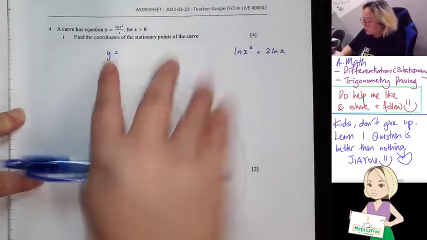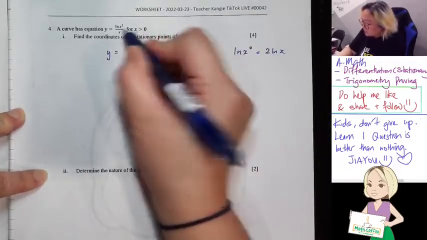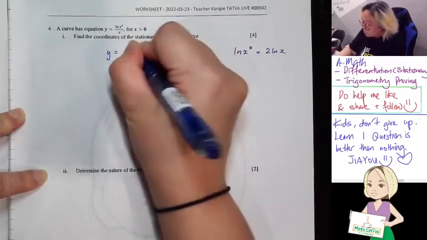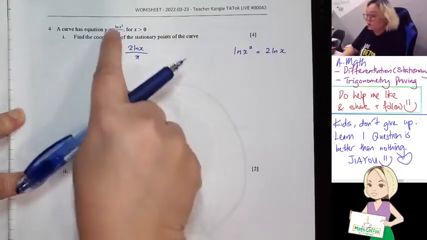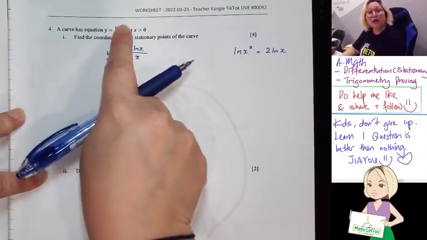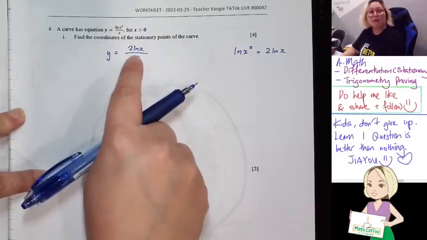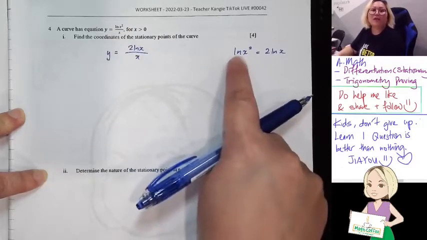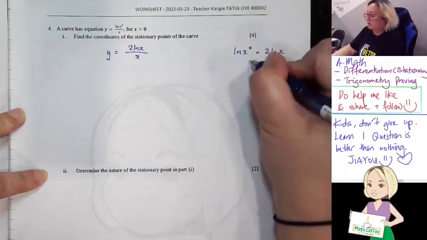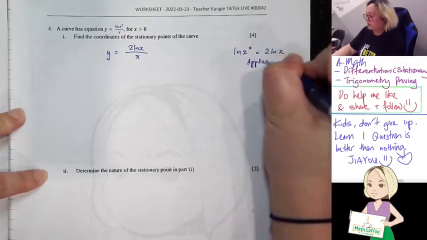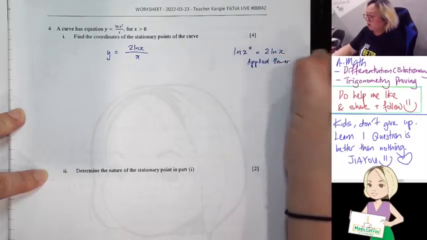So over here, I will rewrite this as y equals to 2 ln x over x. Don't ask me why, the question is ln x squared, why is it that you write 2 ln x? Because I already explained here, ln x squared is equals to 2 ln x. I actually just applied the power law.